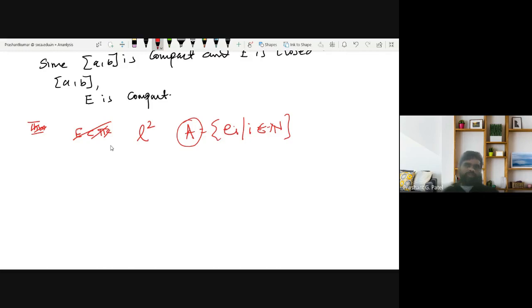No, you cannot. This A is closed and bounded, but it is not compact. So if you drop the condition of being a subset of the real line, this fails. If you have any question, you can ask.